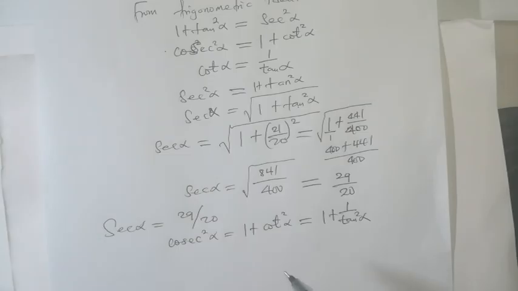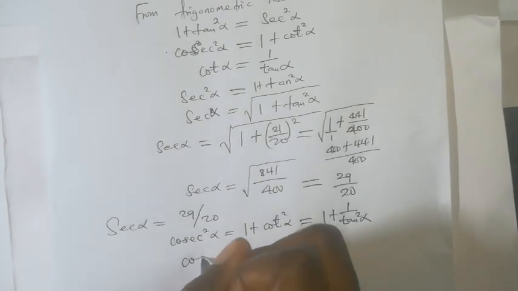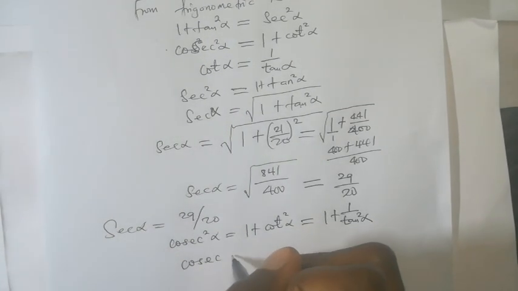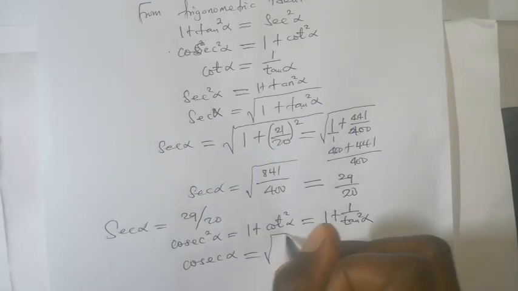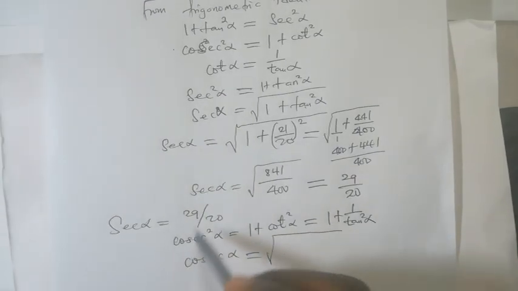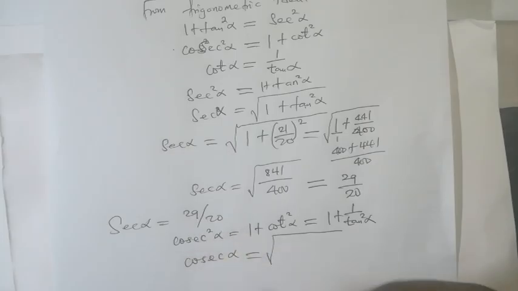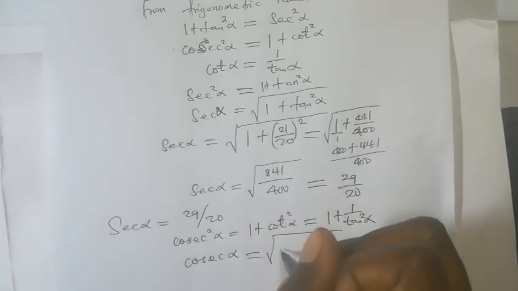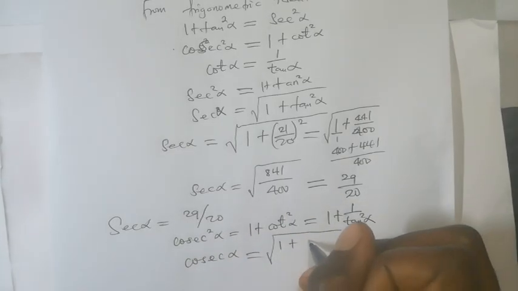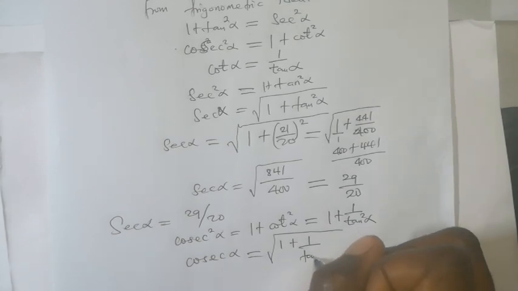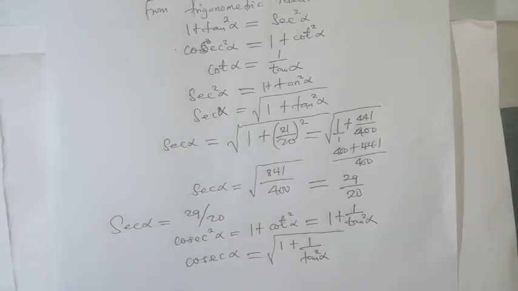So we can now say cosec alpha is going to be the square root, and when we take the square root of both sides, we have 1 plus 1 over tan square alpha. You get it?